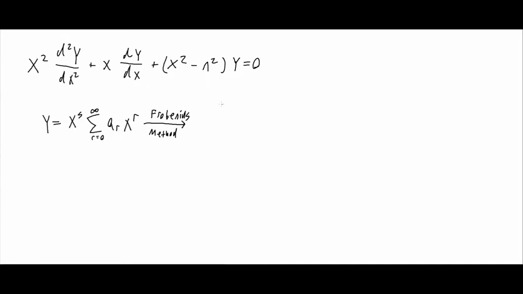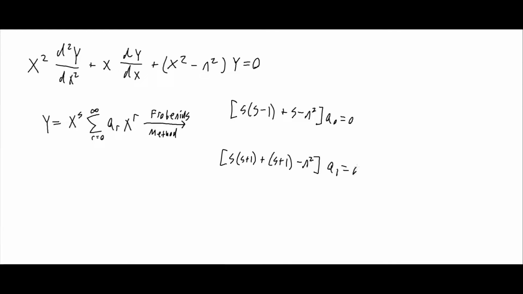But what we will end up with is a set of equations, the first two of which are s times s minus 1 plus s minus n squared, a naught equals 0, and we will have s times s plus 1 plus s plus 1 minus n squared, and that will be a sub 1 equals 0.